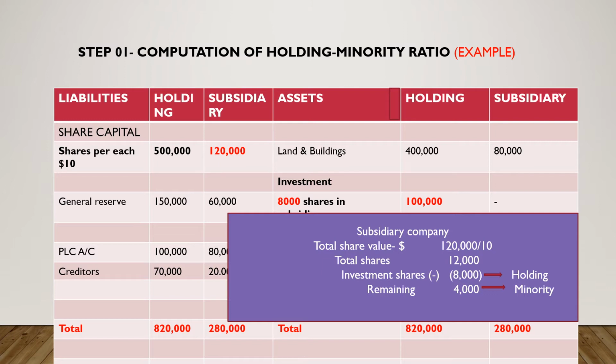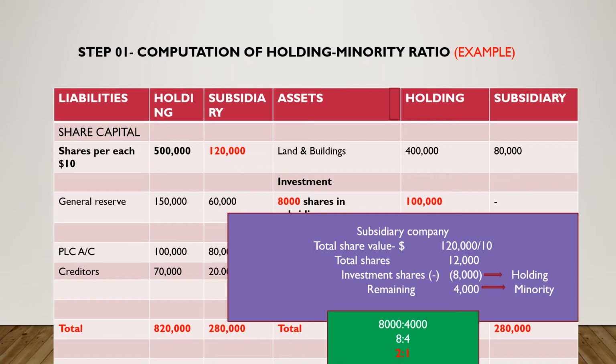How many shares? $120,000 divided by 10 gives 12,000 shares. So 8,000 shares are acquired by the holding company, the remaining 4,000 are held by the general public, and the general public are identified as the minority shareholders. This is the holding and minority proportion.